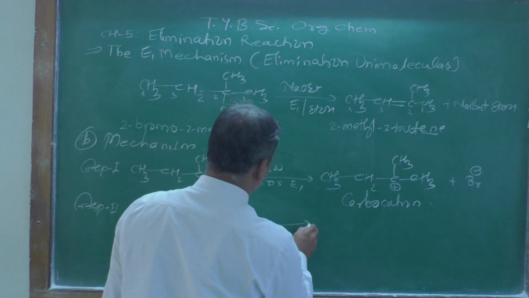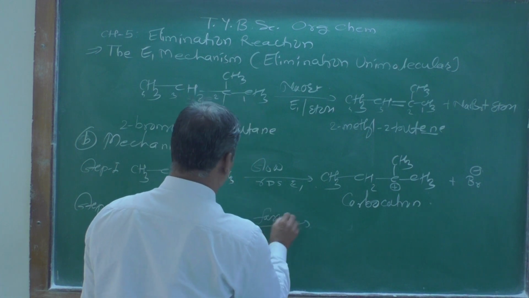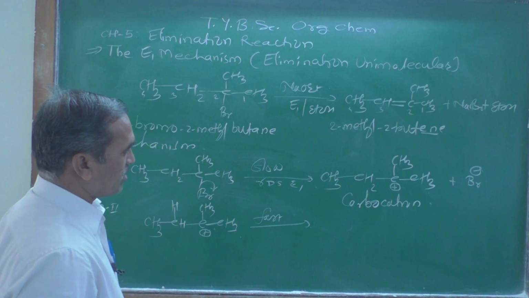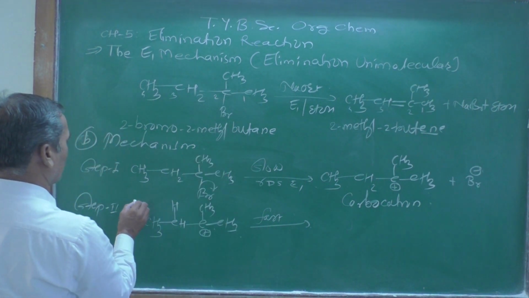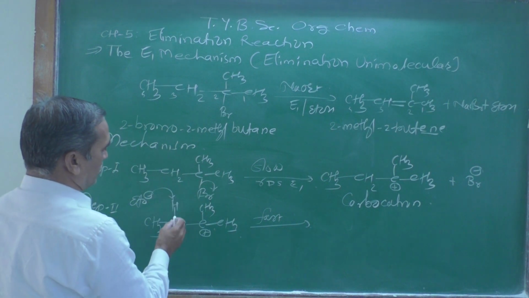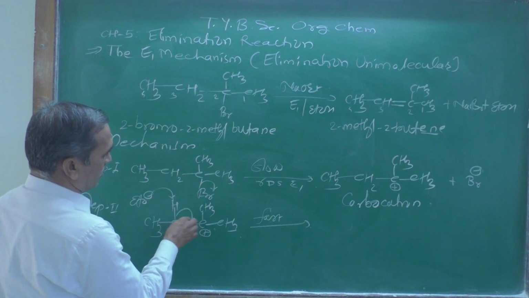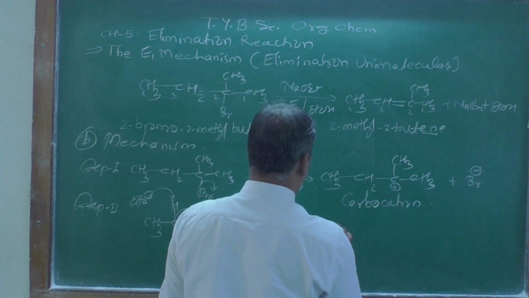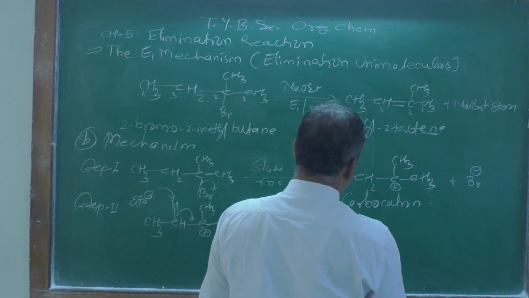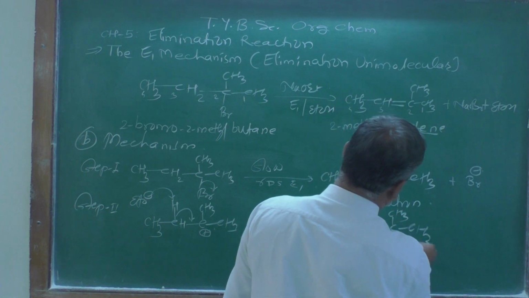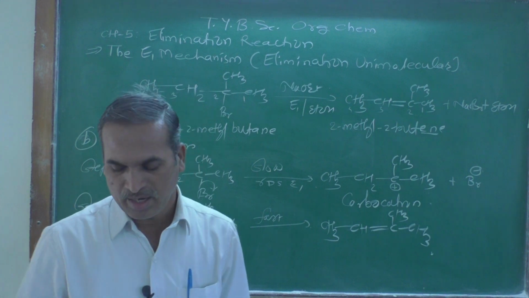Now in the second step, whatever base we are using, EtO minus will abstract the proton over here, and there is a formation of the double bond, and you are going to get CH3, CH, double bond, CH3, a formation of the alkene.